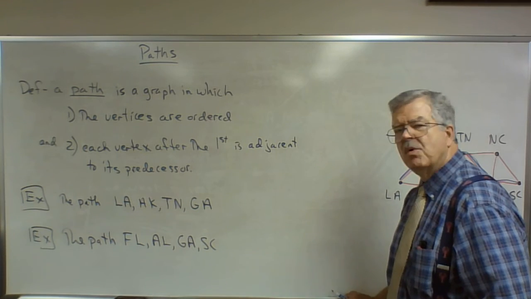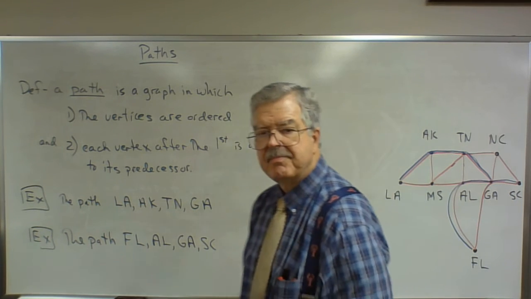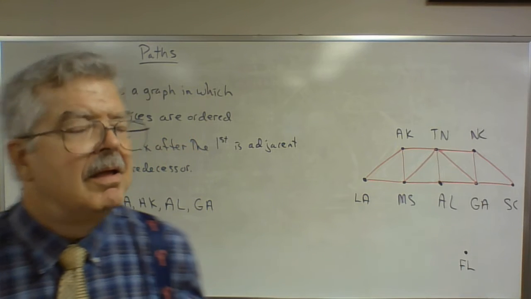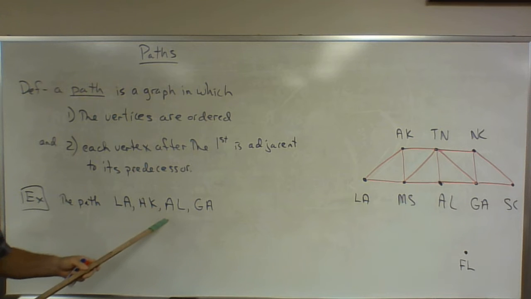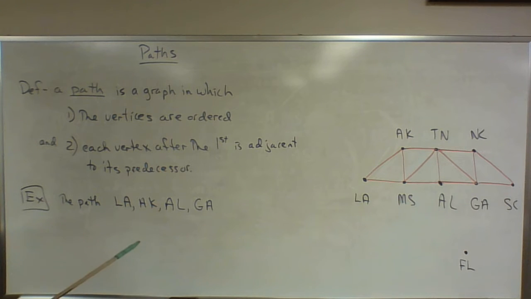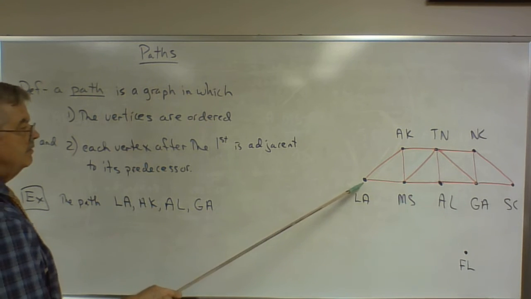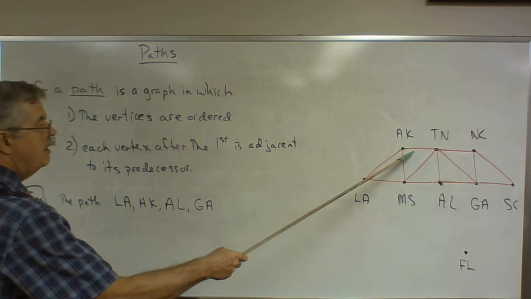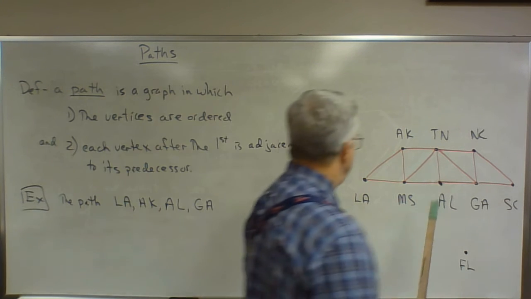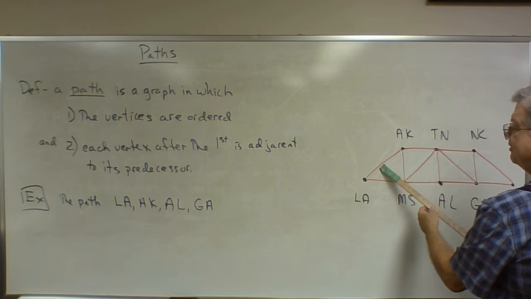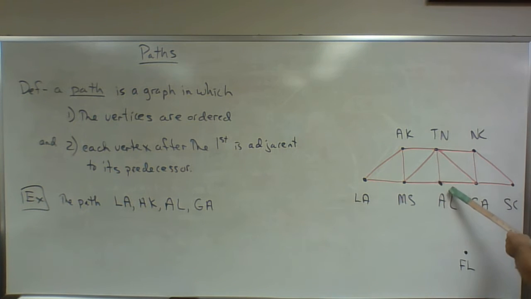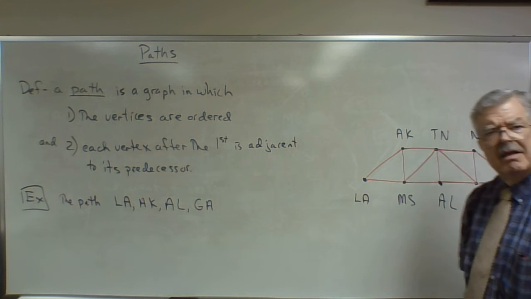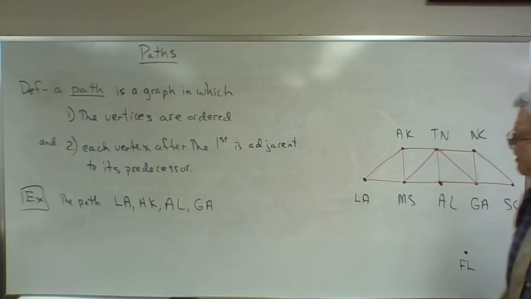Let's look at a few more examples. And let's consider the path Louisiana, Arkansas, Alabama, Georgia. So we start at Louisiana and we go to Arkansas. And Arkansas is indeed adjacent to Louisiana. Then from Arkansas, we go to Alabama. Is Arkansas adjacent to Alabama?